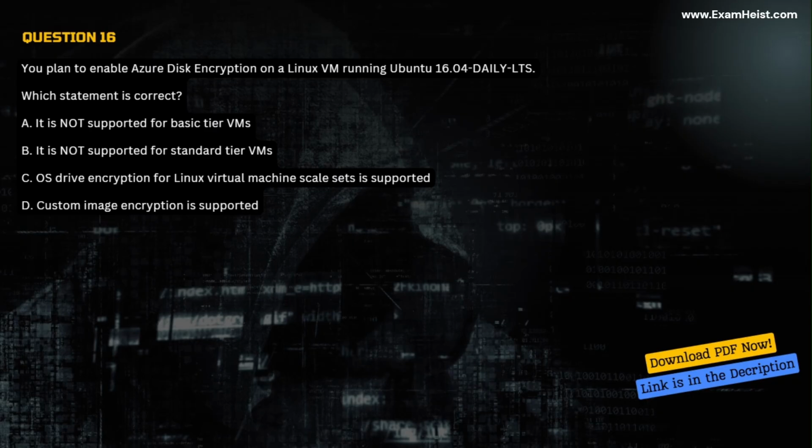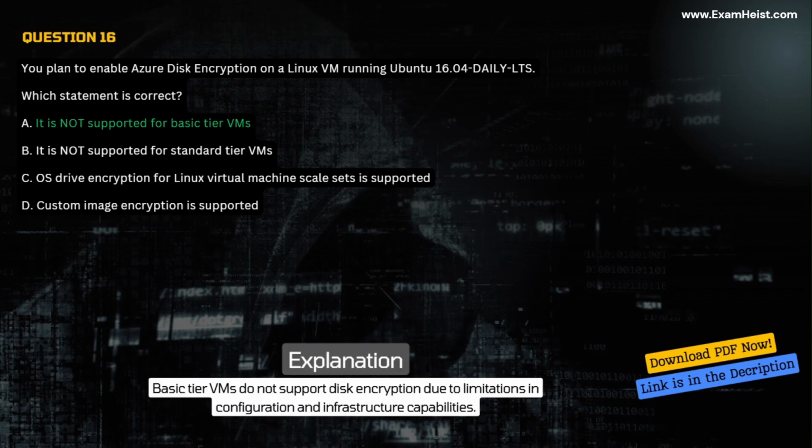C. OS drive encryption for Linux virtual machine scale sets is supported. D. Custom image encryption is supported. Correct answer A. It is not supported for basic tier VMs. Explanation. Basic tier VMs do not support disk encryption due to limitations in configuration and infrastructure capabilities.